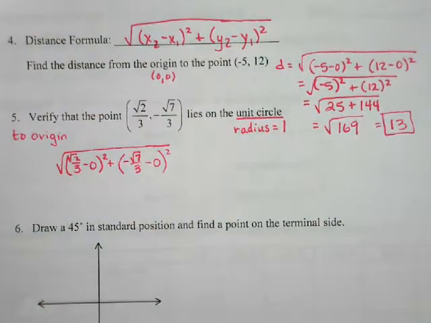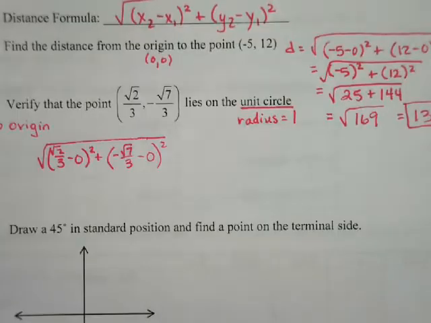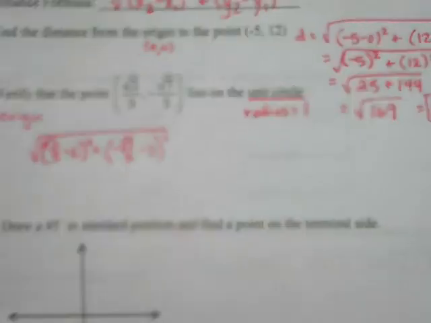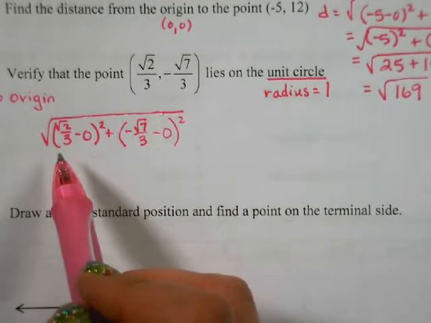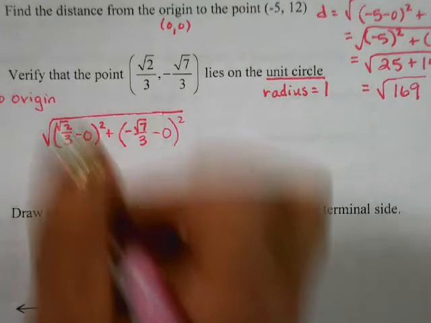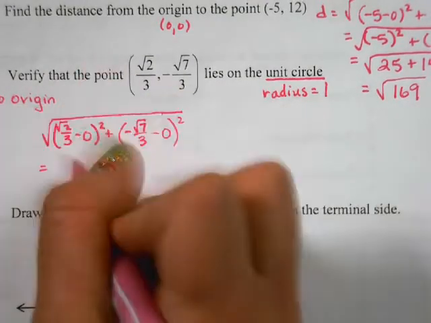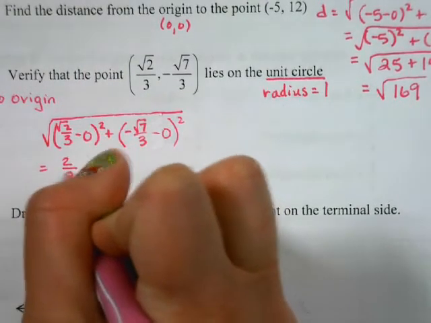Let's try it. If I subtract 0, it's just root 2 over 3. Square the top, square the bottom. Root 2 squared is 2. 3 squared is 9.